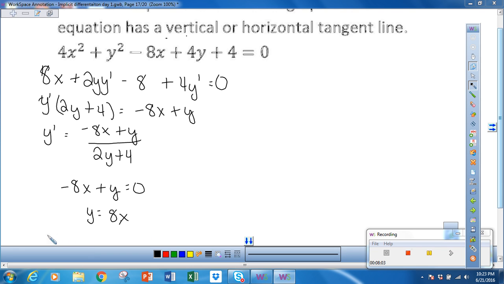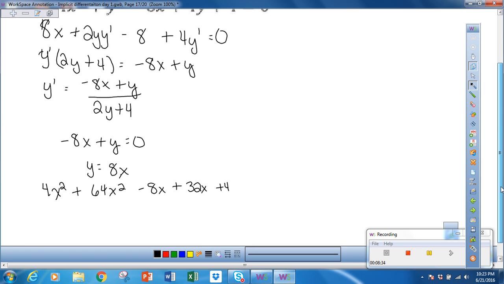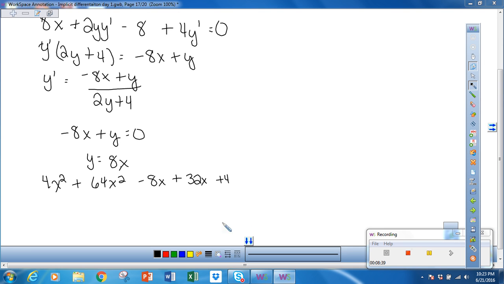So I get 4x squared plus 8x squared, which would be 64x squared, minus 8x plus 4y, so y is 8x, so this is 32x plus 4. So now I have one equation and one unknown. I can solve this, and this is all equal to 0.